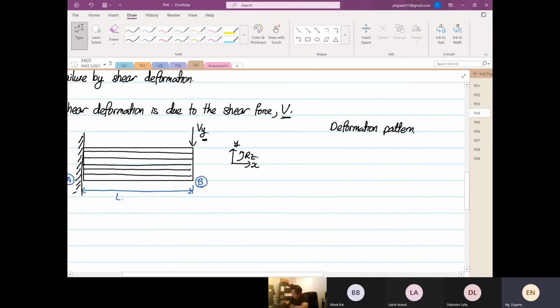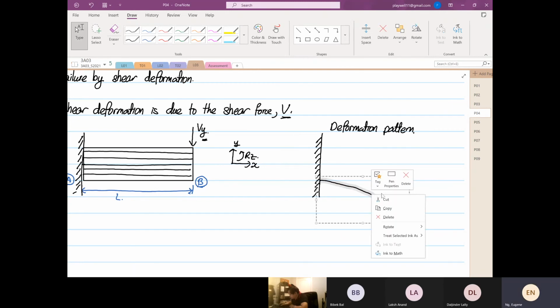This is our built-in end, and our deformation pattern will look like this.